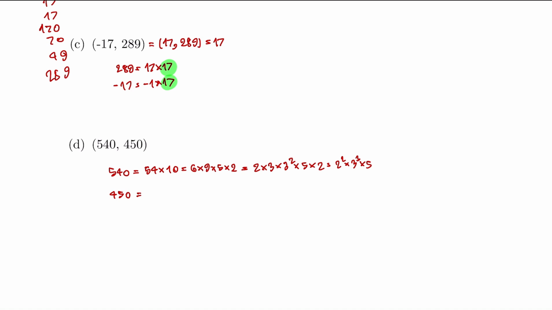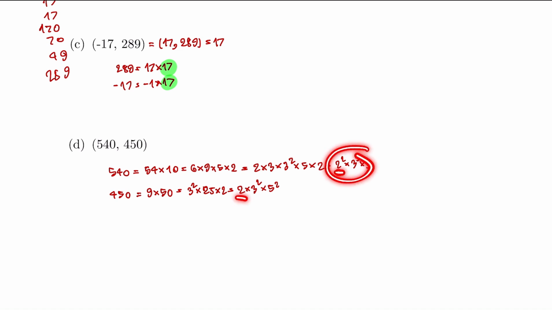And 450 is 9 times 50. And 9 is 3 squared. 50 is 25 times 2, which is 2 times 3 squared times 5 squared. Then let's try to find the greatest common divisor. As you can see, we have this number 2.